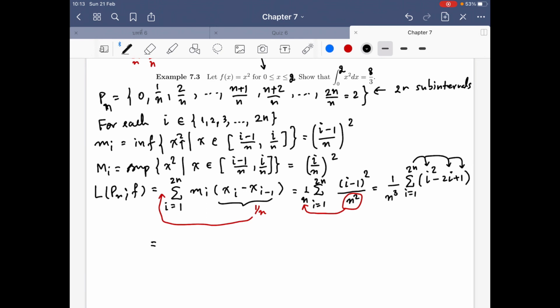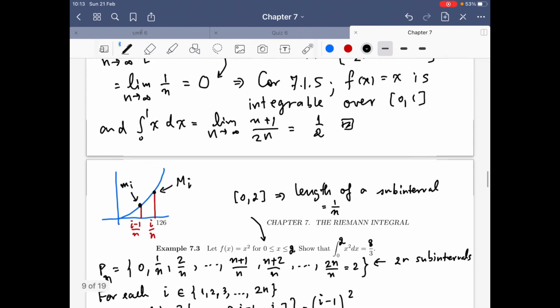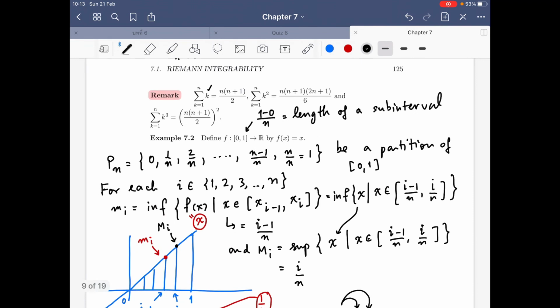So you are going to have 1 over n cubed, and then the first one, a summation of i squared. However, you need to be careful when you use this formula. This formula goes to n, right? But instead of the end point being n, the end point is actually 2n. So each and every n here will be replaced by 2n.